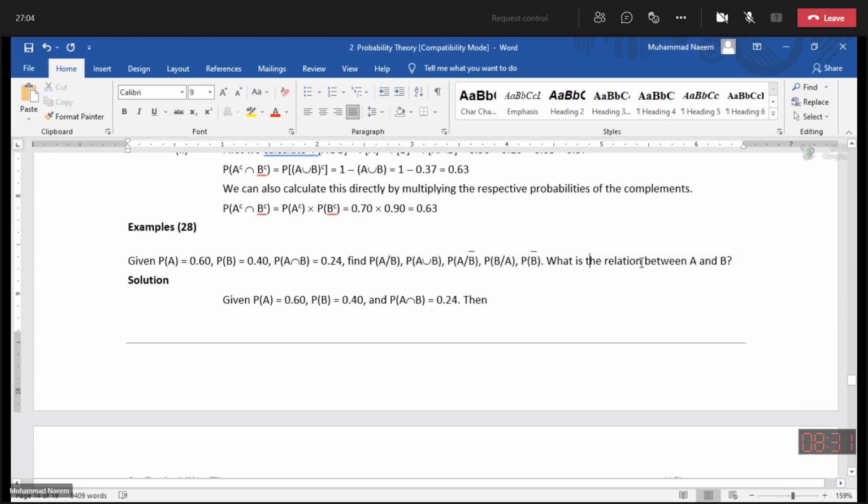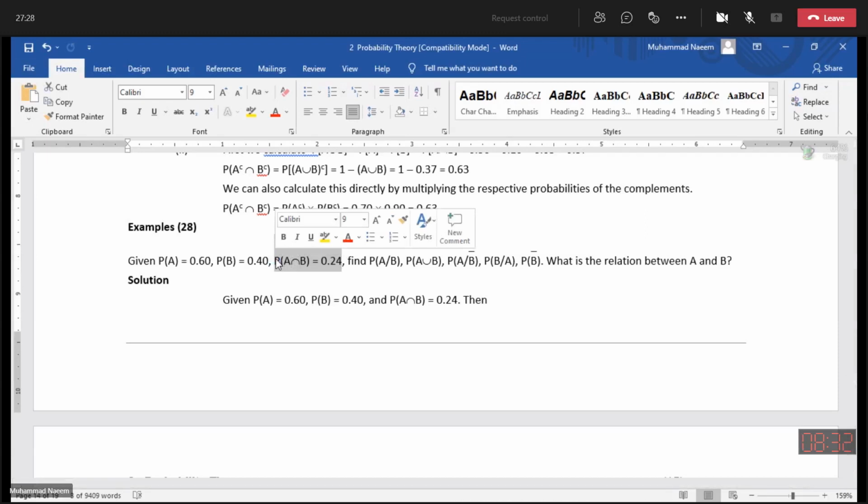And also check the relation between A and B, whether they are independent or dependent, because the probability of the intersection is not 0. Here we have an immediate conclusion that A and B are not mutually exclusive.